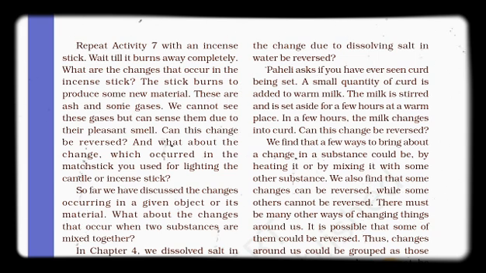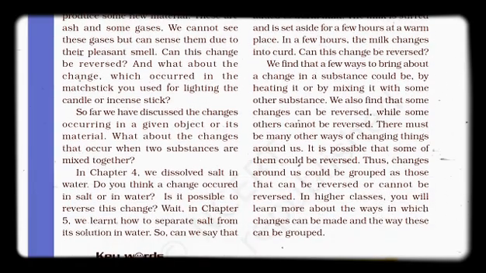There must be many other ways of changing things around us. It is possible that some of them could be reversed. These changes around us could be grouped as those that can be reversed and those that cannot be reversed.